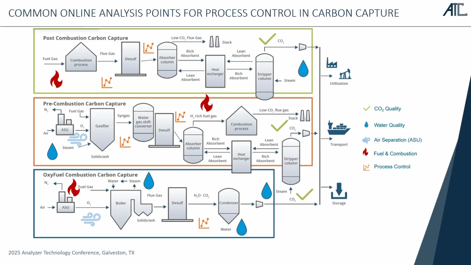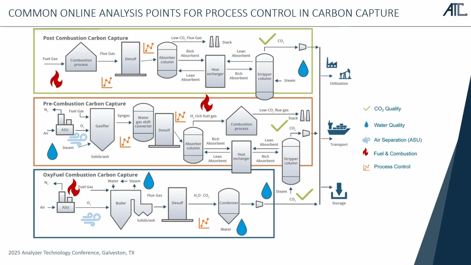And so that's what I've got pictured here, the absorber column. And then they're going to take the rich absorber in, and they're going to strip it. So they're going to hit it with steam, and they're going to pull the absorber and the CO2 out of that loop. Now, if they're doing this post-combustion, it's all happening after the main manufacturing occurred.